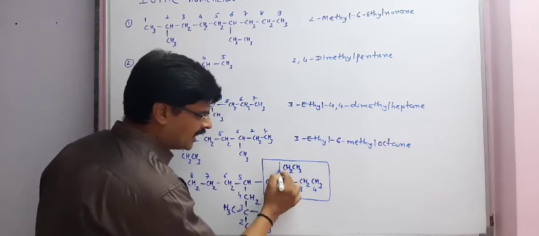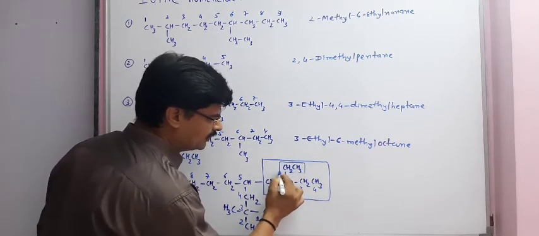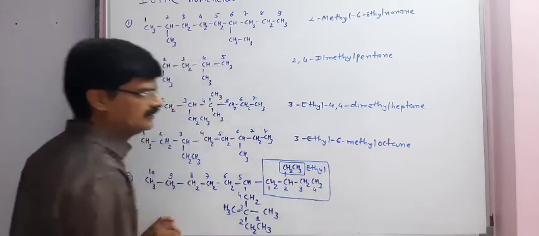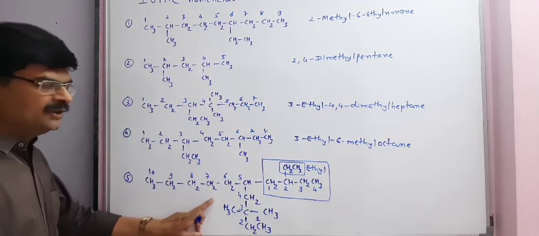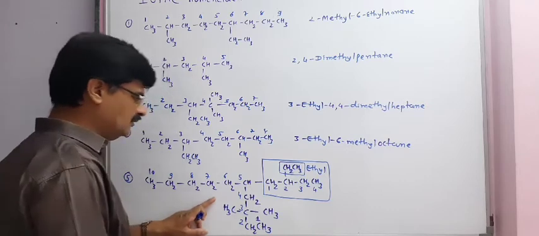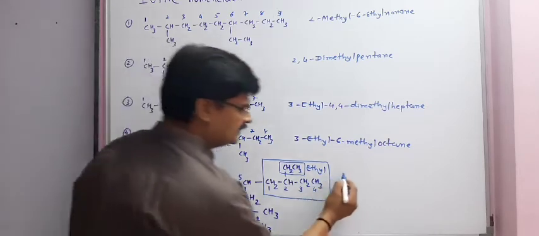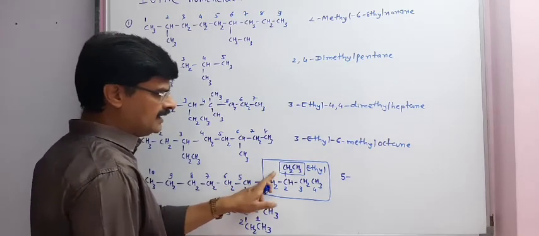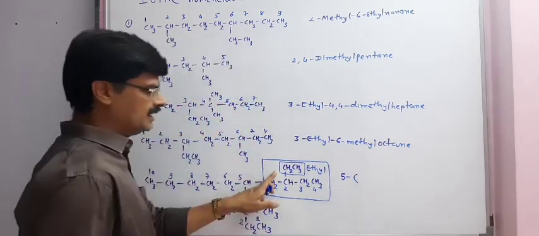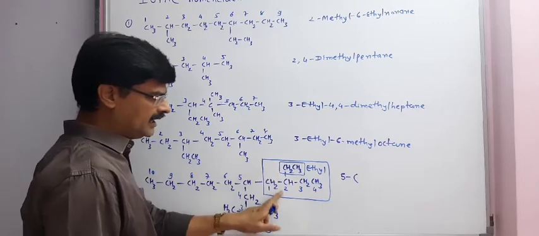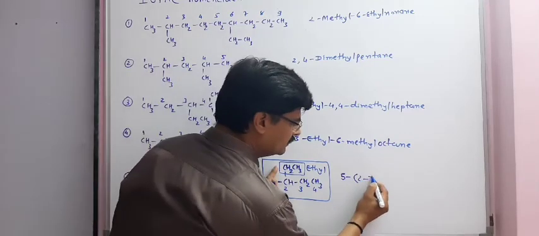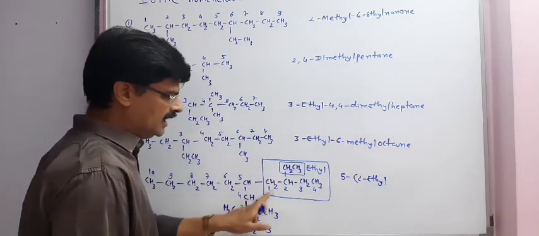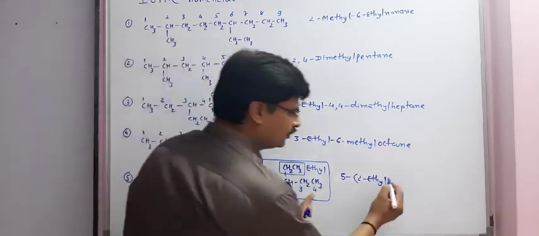On the 2nd number carbon, an ethyl group is present. Therefore, to give the IUPAC name to this compound, first of all, since a sub-branch is present on the 5th number carbon, a bracket should be written: 5 in the bracket, 2-ethyl, and the total number of carbons is 4, so butyl.